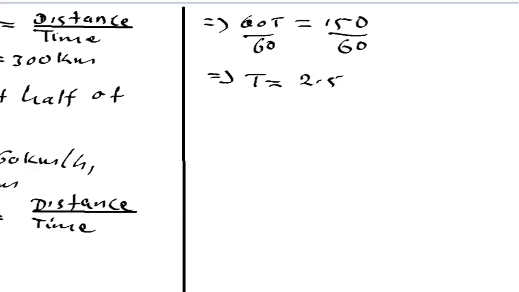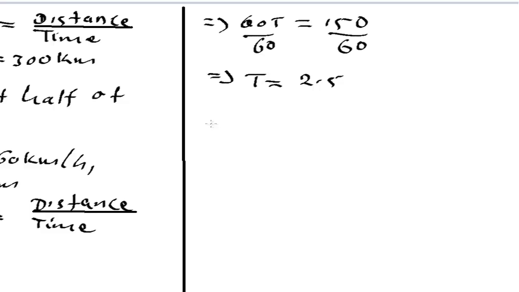So now we need the time that it will use to cover the second part of the journey, which is 150. But then it has increased its speed from 60 to 90 kilometers per hour. Once the speed has increased, you're expecting that the time will decrease. So our second time, our T2, is not going to be up to 2.5 because the speed has increased.